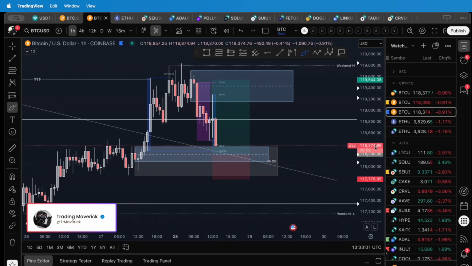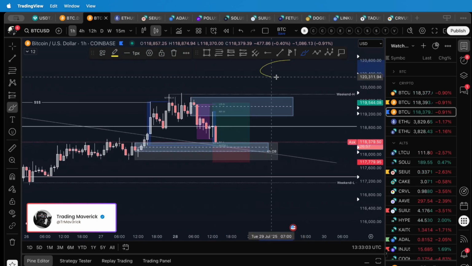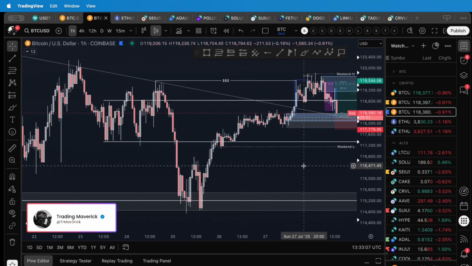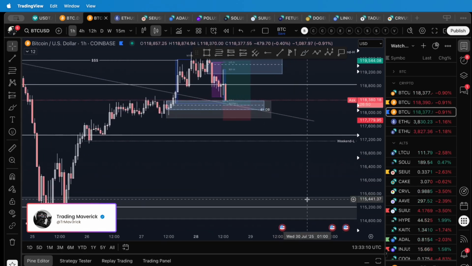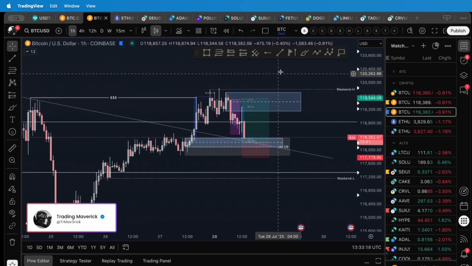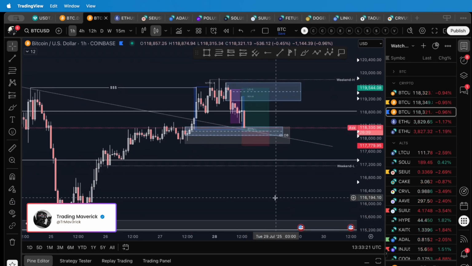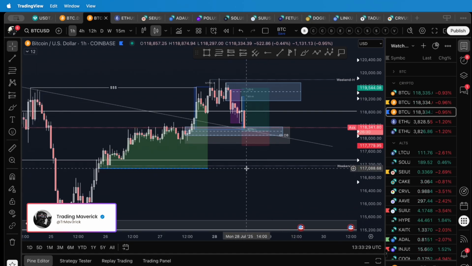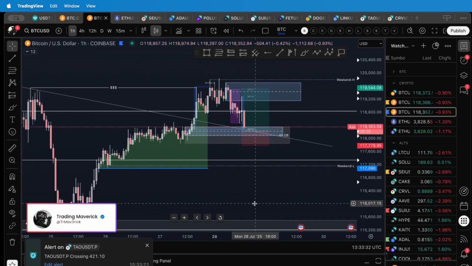And then we have a lot of liquidity above here. But something to be careful about, we have a CME gap below. Let's see, where's the, yeah, at 117k pretty much.